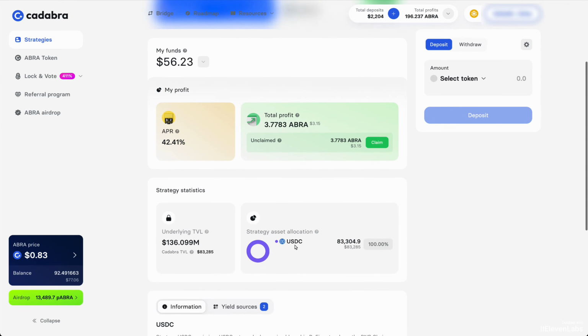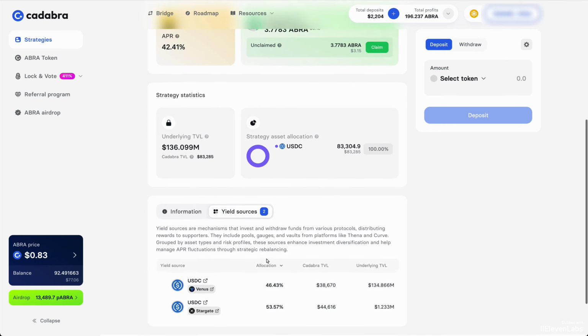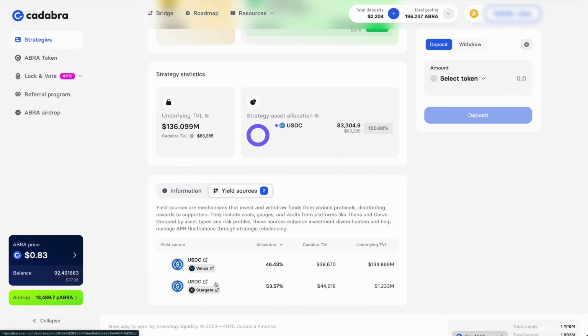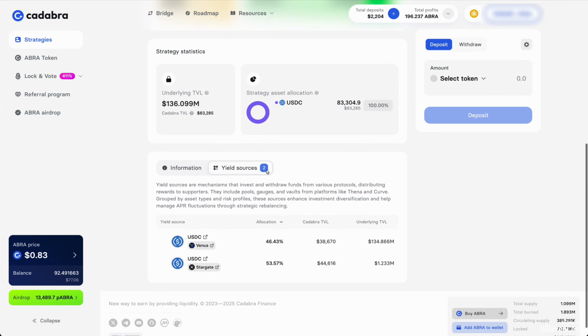At the same time, what is meant by an aggregator? An aggregator means that the liquidity brought by the Cadabra users is redirected to other platforms, that is, to other protocols. In this case specifically, this USDC strategy, we can see that the liquidity is redirected, essentially offloaded, into these two protocols, Venus and Stargate.